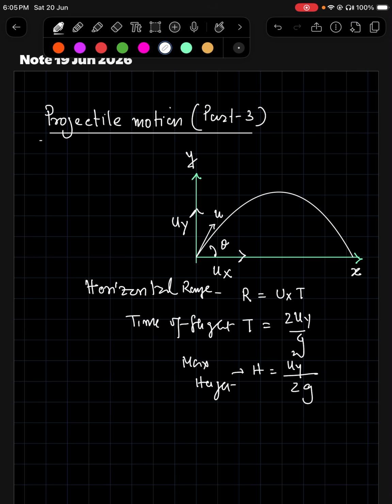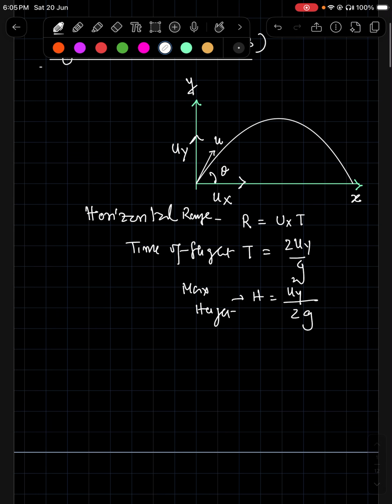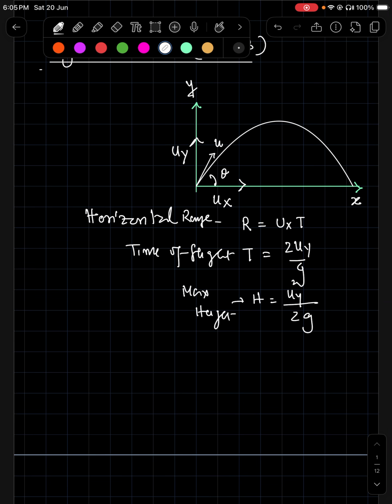But we actually didn't stop there. We moved on to see how the trajectory of the projectile motion looks, and we found the trajectory. This is the trajectory, and we found the equation of the trajectory.